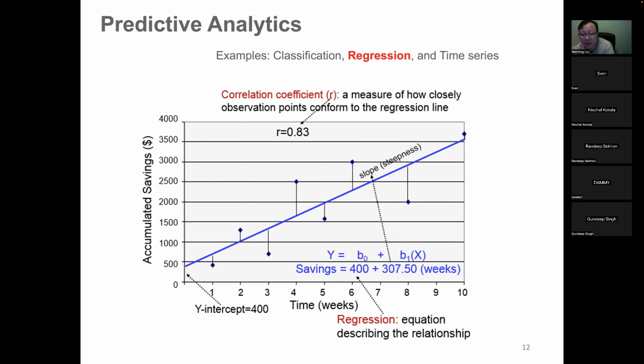It tells me every week you can save $307.50. Based on this linear regression, analyzing this trend, we learned that you have $400 to start with, and every week your savings increase by around $307.